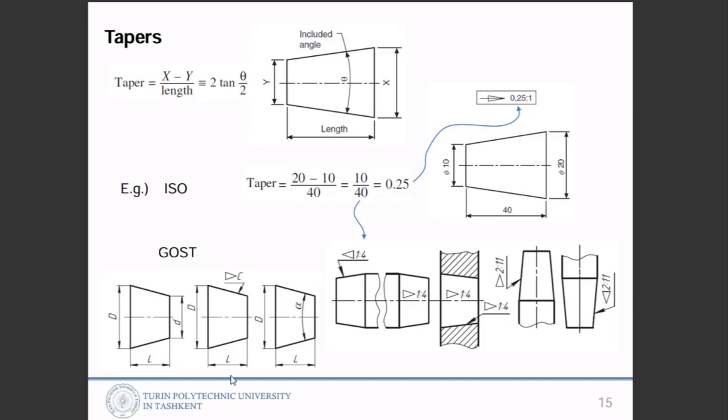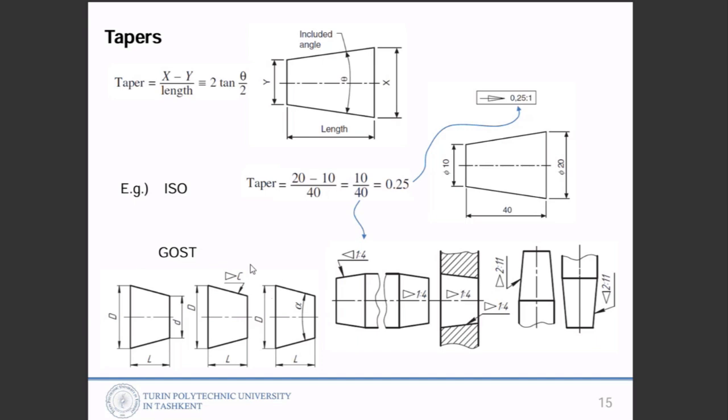Or D is given, L is given, small d is not given, and a taper like 0.25 by 1 is given. So we can calculate an angle and we can calculate a small d. If big D is given, L is given, and theta angle is given, we can calculate a small d.